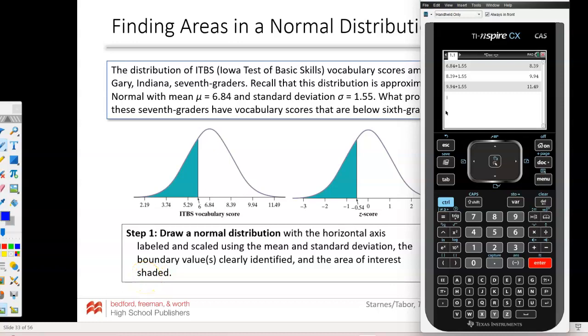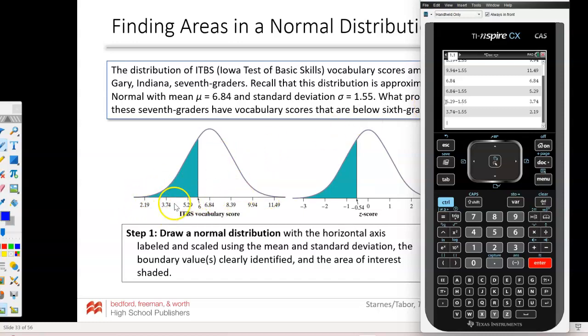Do you see the 8.39 there, and then we have the 9.94, the 11.49. If you take the mean, 6.84, and subtract 1.55, sometimes I'll type it like that. And now, do you notice when I type 1.55, it says answer minus. So now when I press enter, it's going to do that same calculation 3 times. So it'll give me the bottom 3 numbers on the standard deviations there.